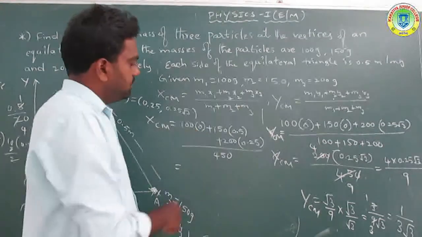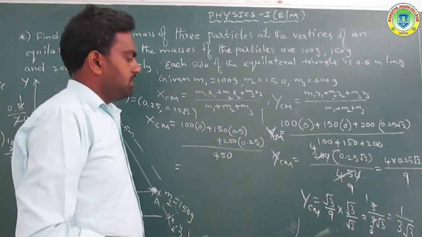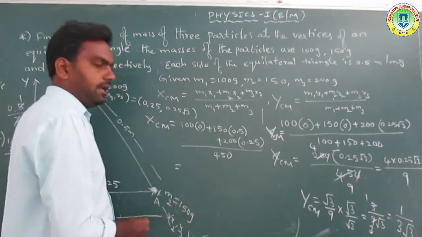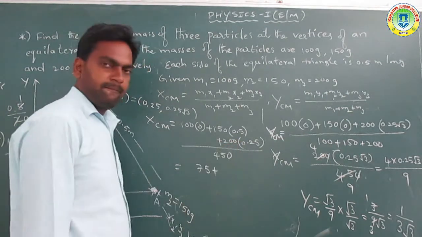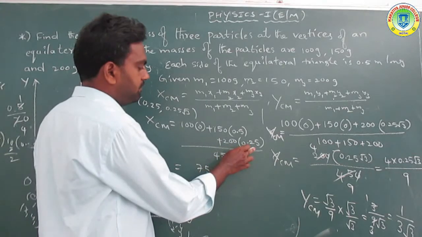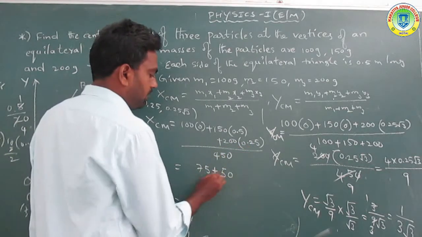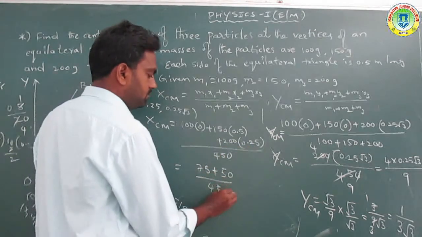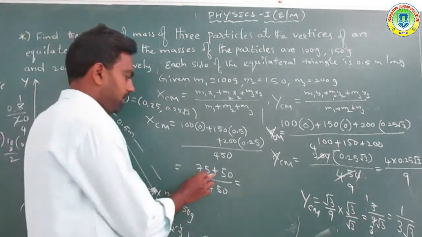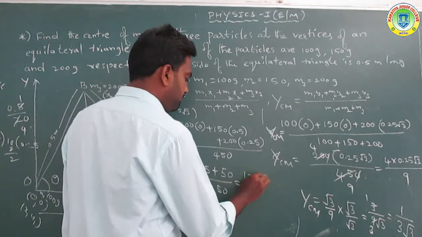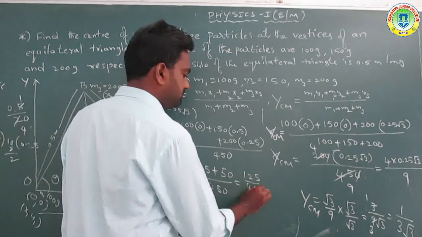So 100 into 0 is 0, and 150 into 0.5 is 75, plus 200 into 0.25 is 50, all by 450. So 75 plus 50 is 125 by 450.